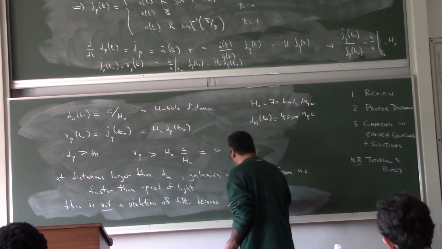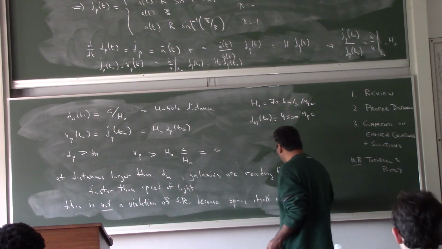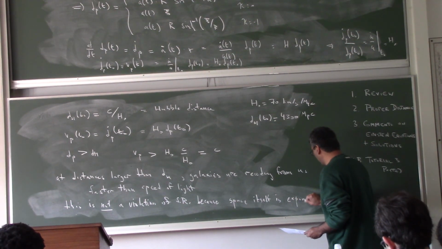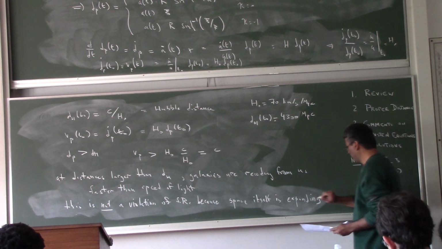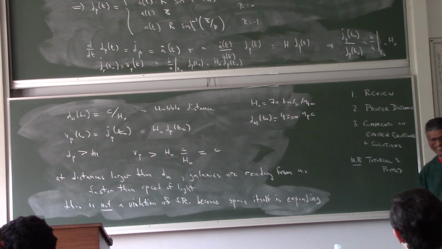Because space itself is expanding. Does that mean that the space is expanding faster than the speed of light? Yes. We did it, guys. Faster than the speed of light.